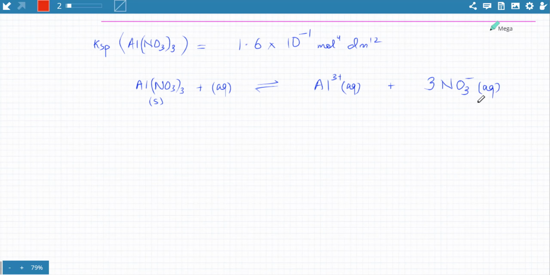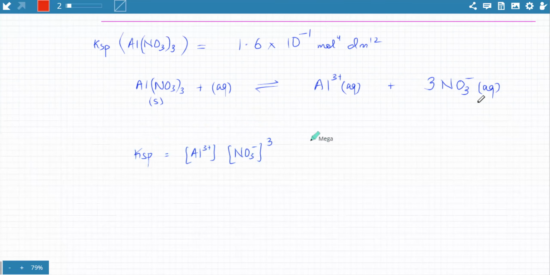That's the aluminum nitrate dissolving in water, and we're going to write the Ksp expression for this now. The expression for Ksp is aluminum ion concentration and NO3- concentration, and that's going to be cubed. Right? That's the expression for Ksp in this case.